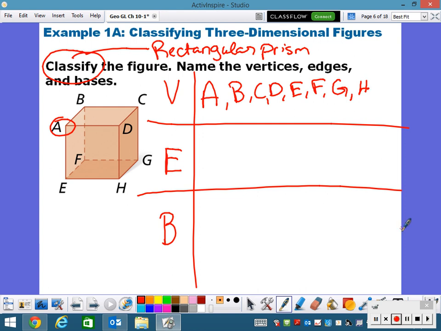Edges are little line segments, so they're named with two letters, so I'll start. A, B, that would be one of the edges. Okay, Ivana, you get three more. BC. What else? CD. And AD, okay?